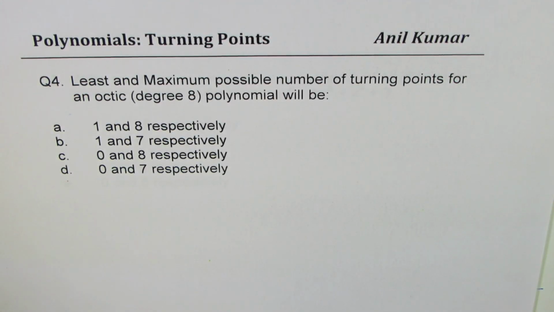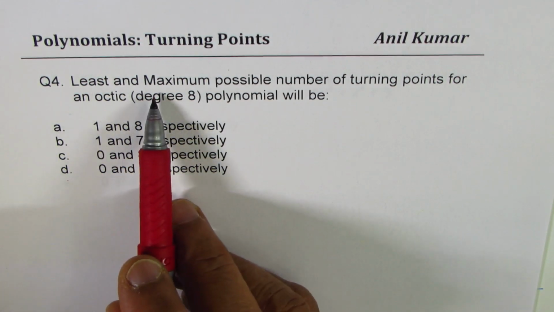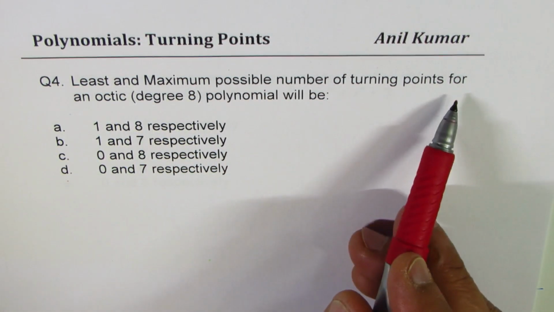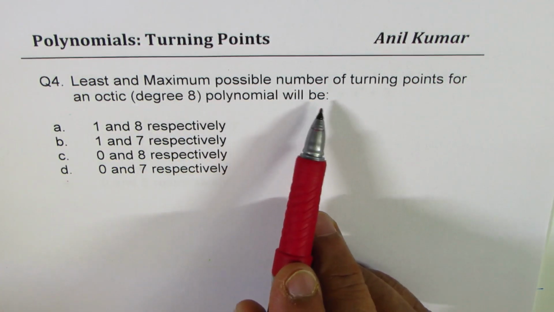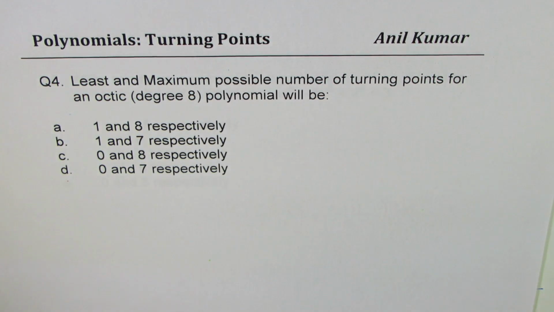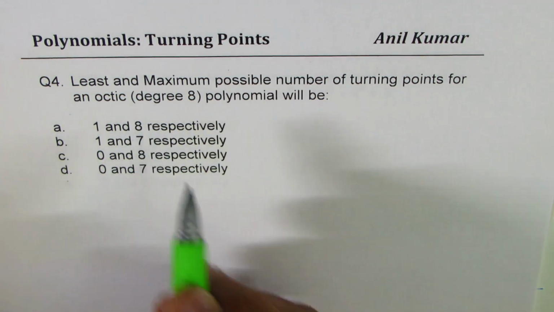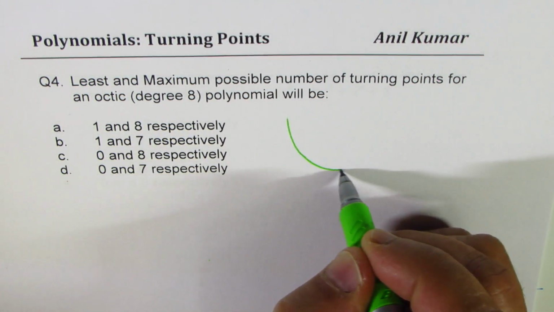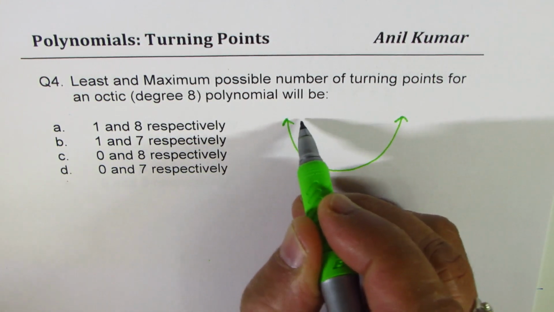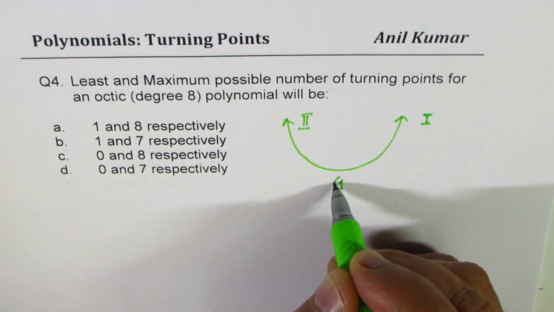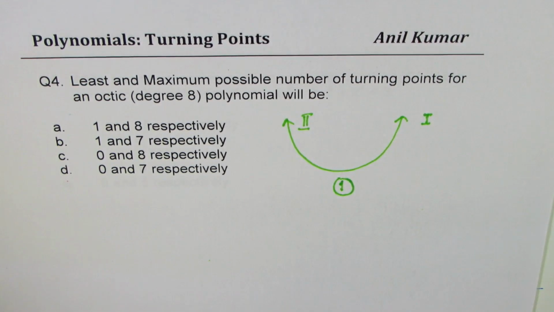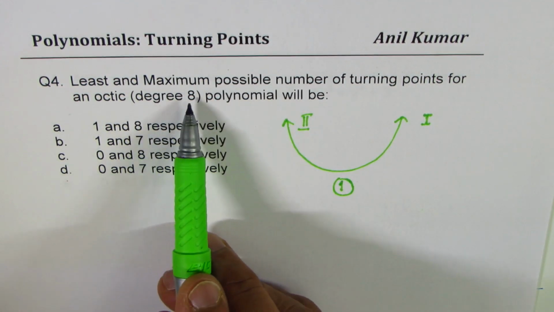Okay, now we have question number 4. It says, least and maximum possible number of turning points for an octic, that is a degree 8 polynomial, is what? So for an octic, we have to go from quadrant 2 to quadrant 1, right? And so there is at least one turn. So that is the minimum. Perfect. Now for an octic, there will be 8 zeros.